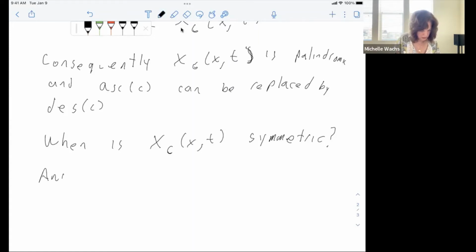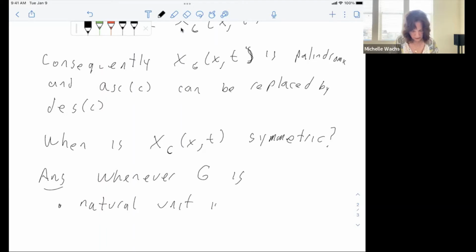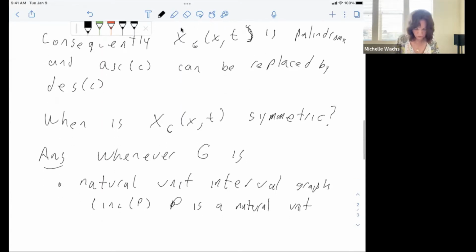So the answer is, well, I don't have the full answer, but whenever G is a natural unit interval graph. That's the same as the incomparability graph where P is a natural unit interval order.